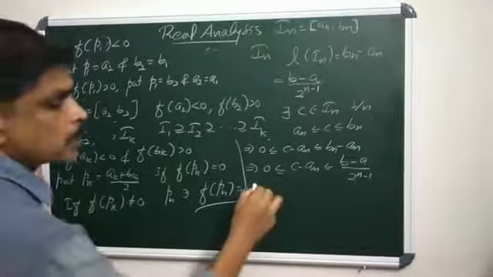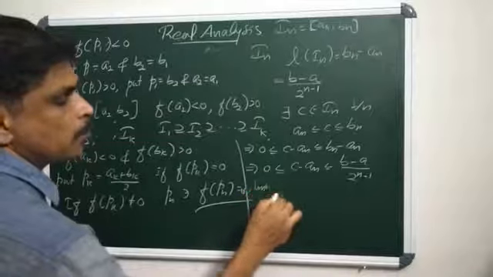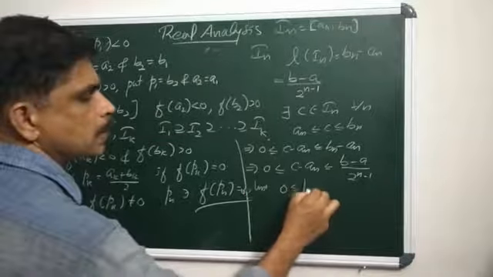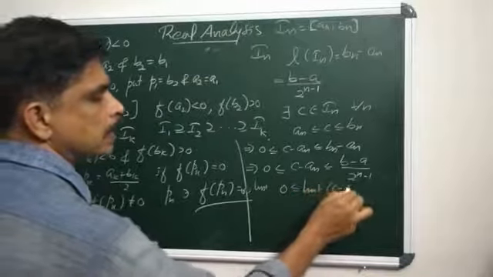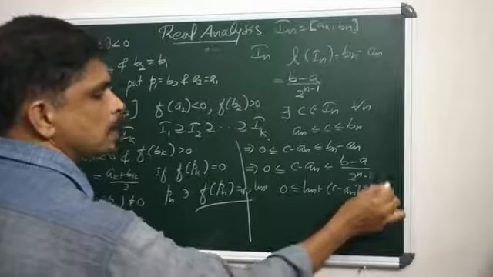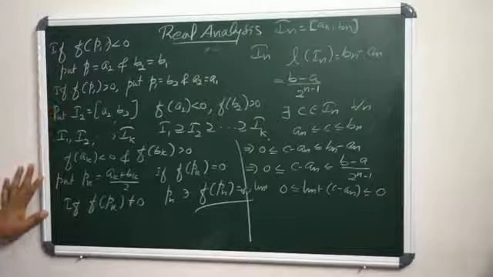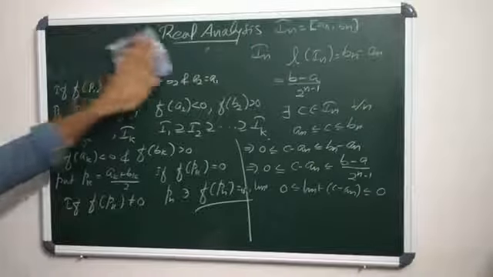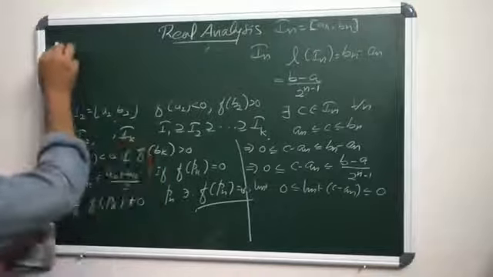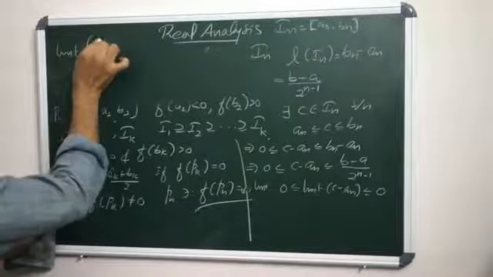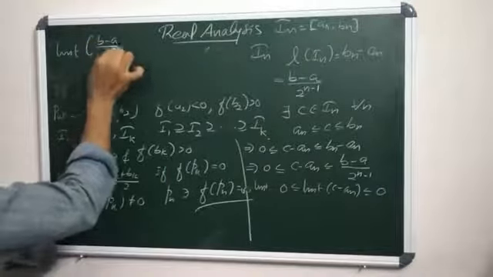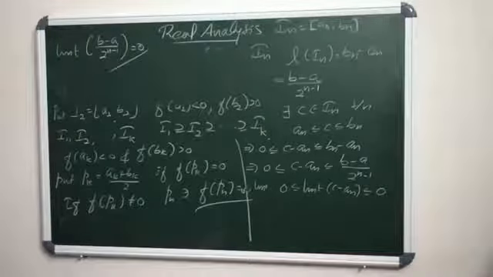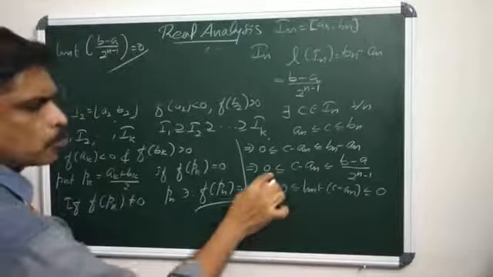Take the limit on both sides. What do I get? 0 less than or equal to the limit of C minus An, less than or equal to the limit of (b minus a) by 2 power n minus 1. What is that limit? It is always 0.